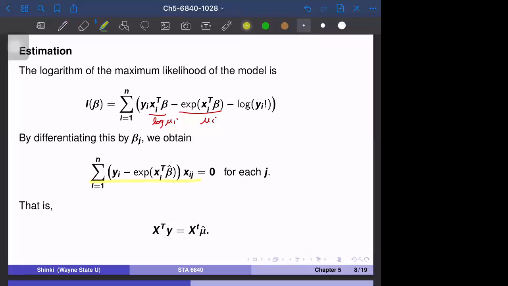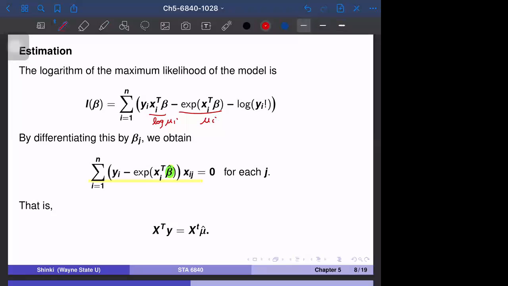Then we get this formula. This is a highly nonlinear equation because we have the exponential of xi transpose times beta hat. So getting beta hat is not as easy as in the linear model, but at least the formula looks similar to the linear regression model.